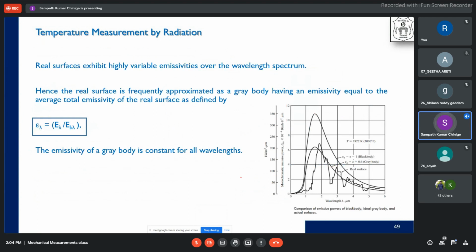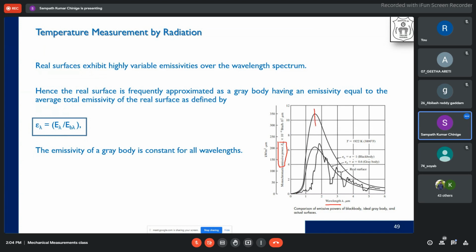You can see over here the monochromatic emissive power with respect to wavelength. This is 1 micrometer, 2 micrometer, 3 micrometer, 4 micrometer, and so on. Here, for a particular temperature, T is equivalent to 1922 Kelvin, the black body has the highest emissive power at a lower wavelength.